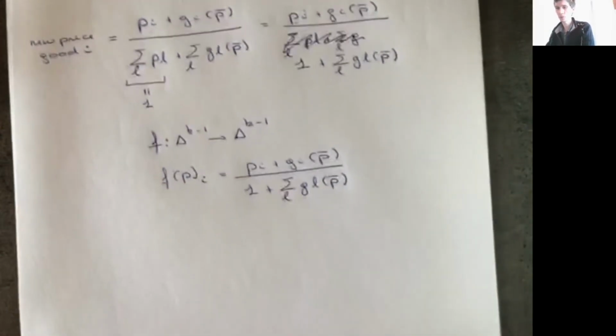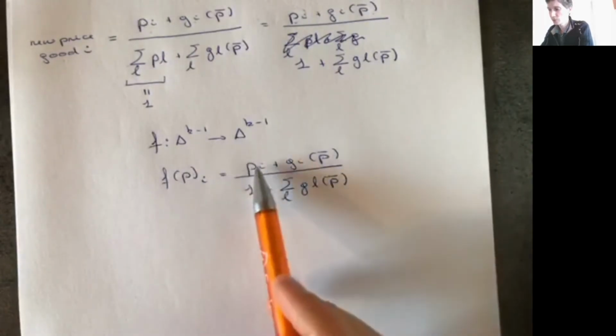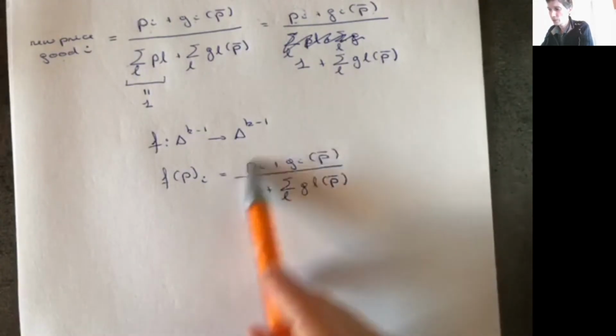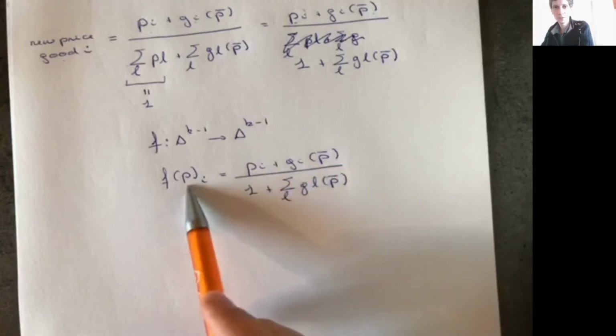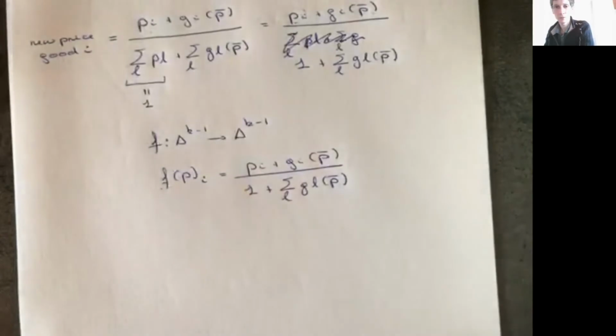Okay, so far so good. So this is going to be the price adjustment. If this is the old price, then this is going to make a new price for I. You do this for every good I, and you have the function f of p.